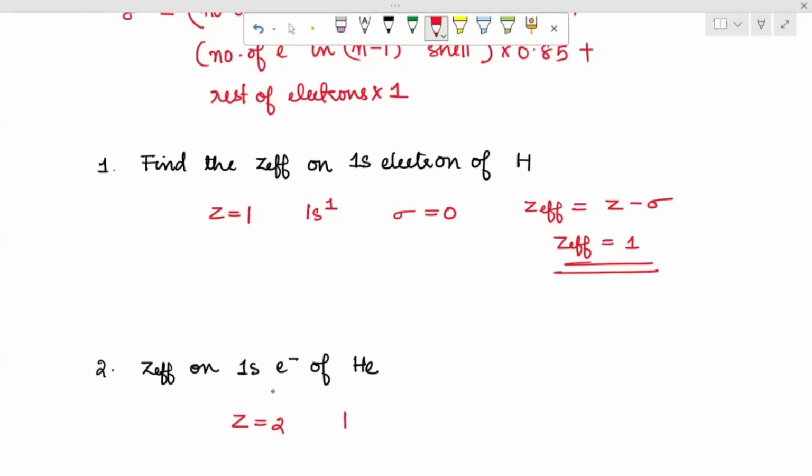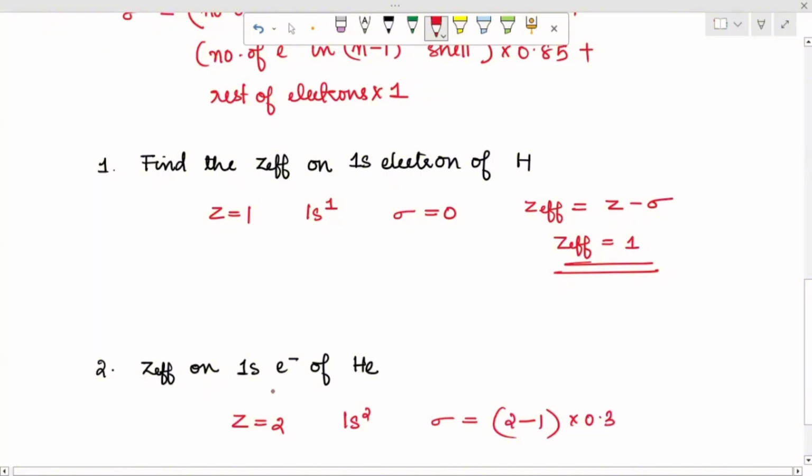The configuration is 1s2. There is only one shell, the nth shell, and your formula for screening constant is (number of electrons in the nth shell, which is 2, minus 1) into 0.35.